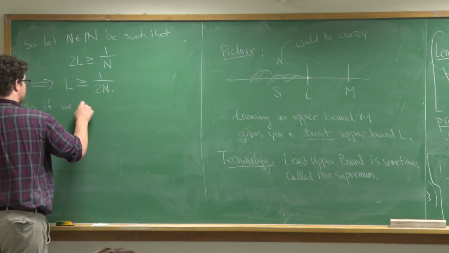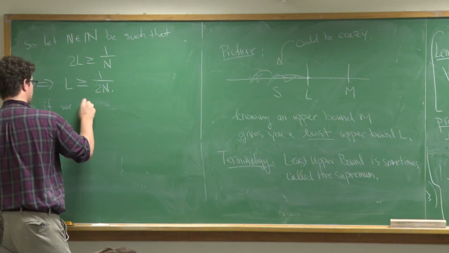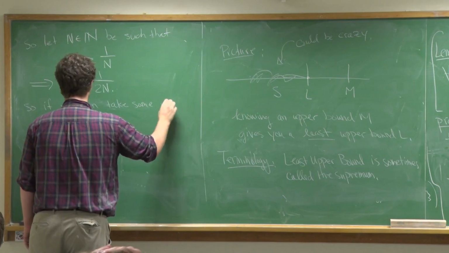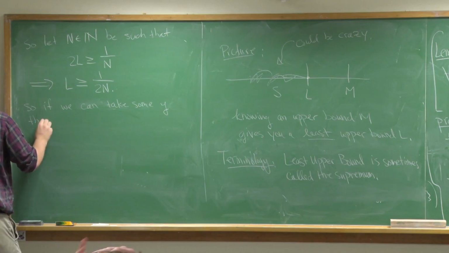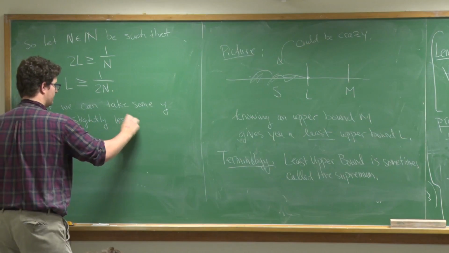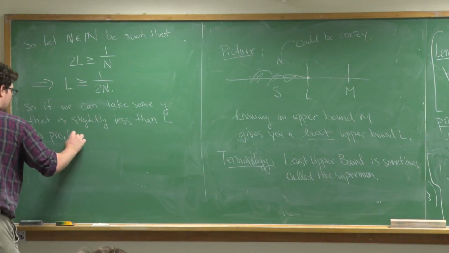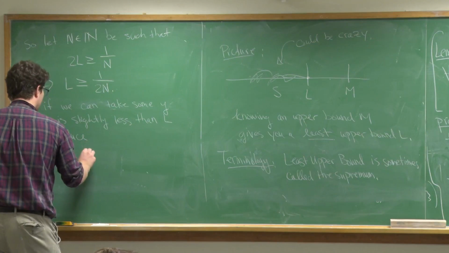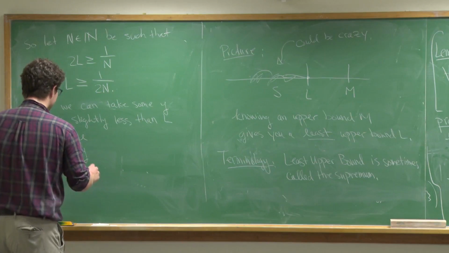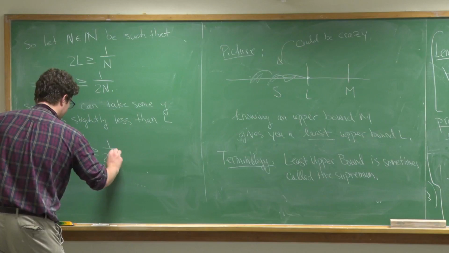Okay, so this means we take some y, so we can take some y that is slightly less than L, and produce here, so that y is 1 over 2, say n plus 1, like this.